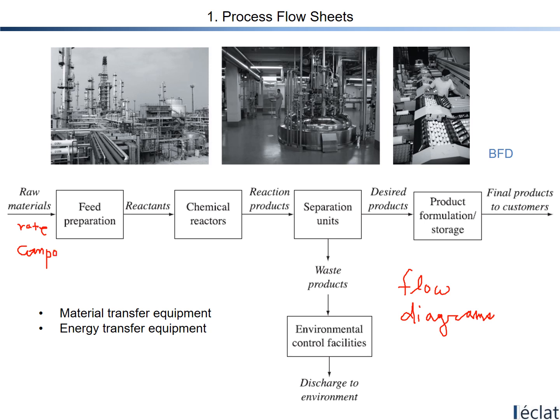Also, plus, you could have some material transfer equipment in this flow diagram, like a pump. The other thing is energy transfer equipment, like a heater. So, with this kind of information, you can complete this process flow sheet or flow diagrams.